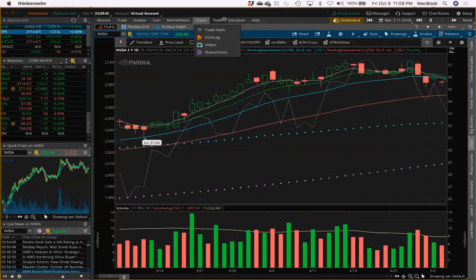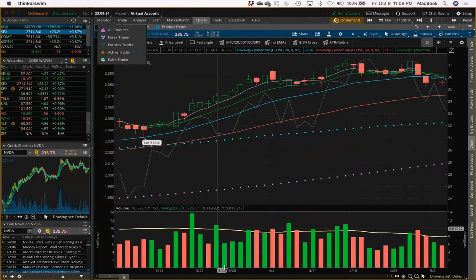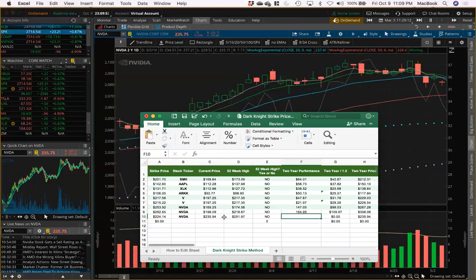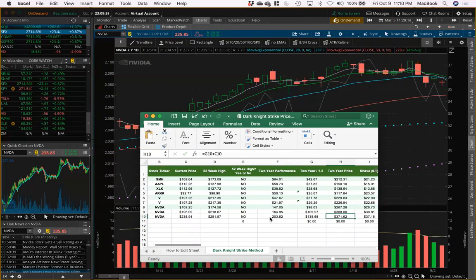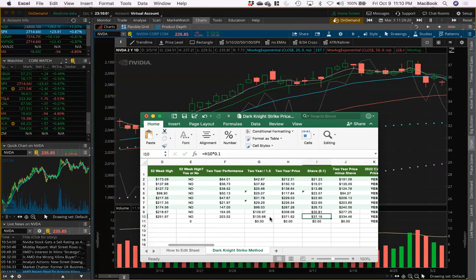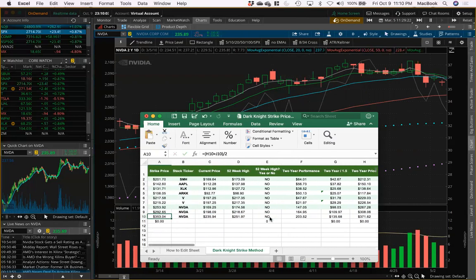But for the integrity of the numbers, we've got to do it ourselves. So 203.52. Obviously it does all the math it's supposed to do, and it tells us to buy a strike at 353.04.